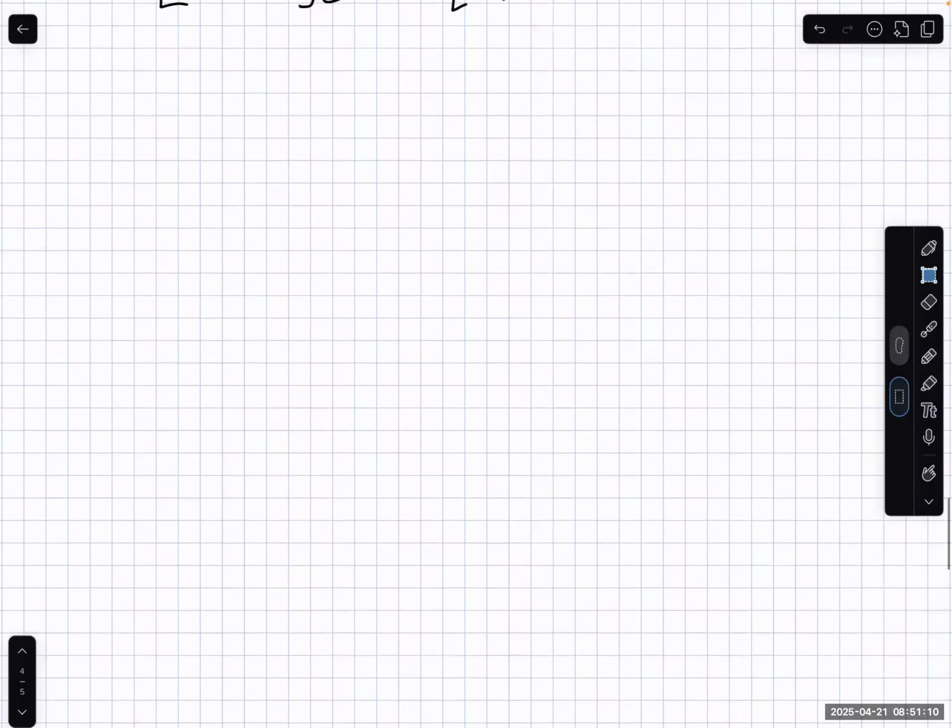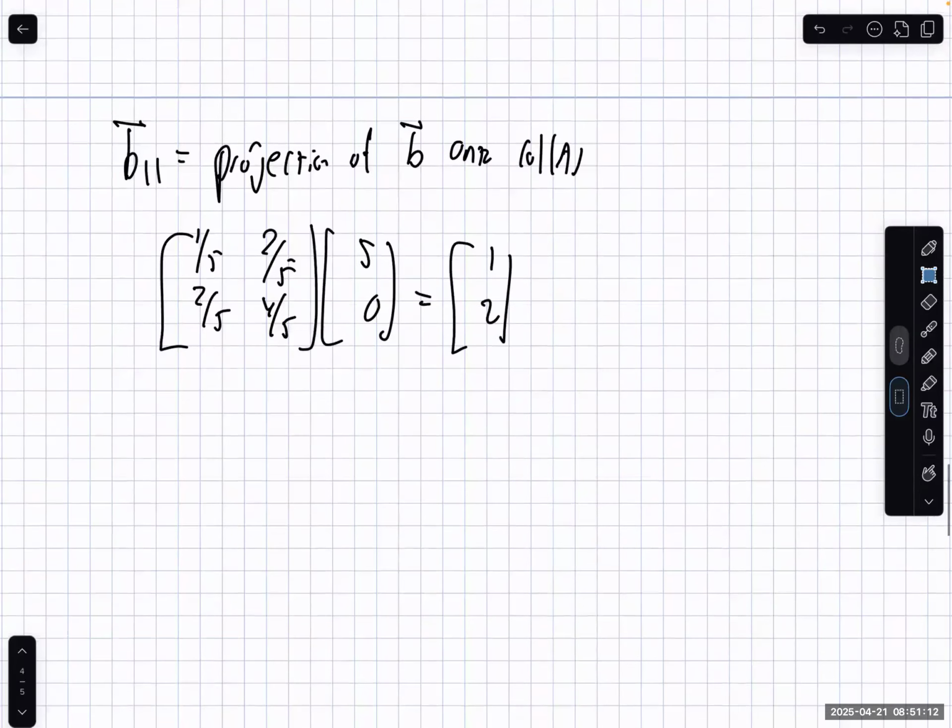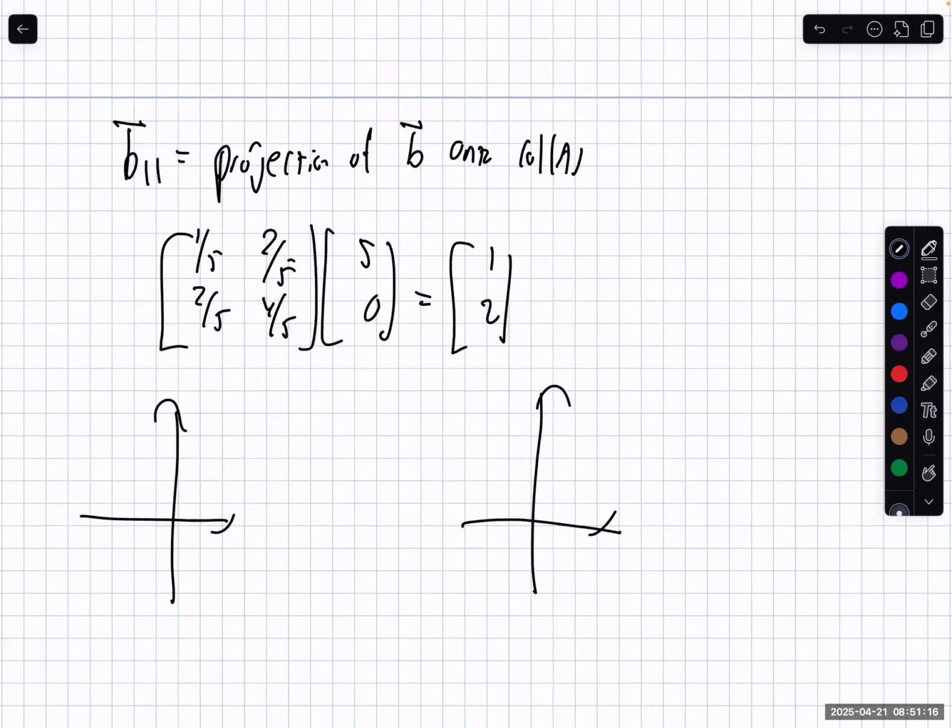Yeah, just redraw the picture again. Input space, output space. The A matrix is the one that transforms inputs to outputs.